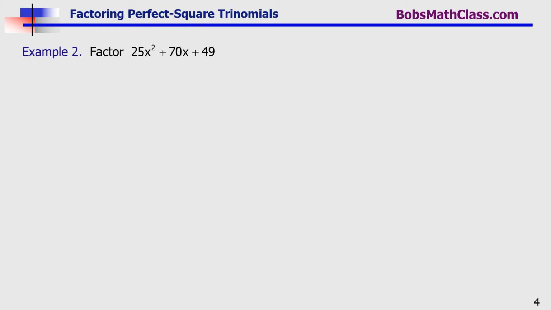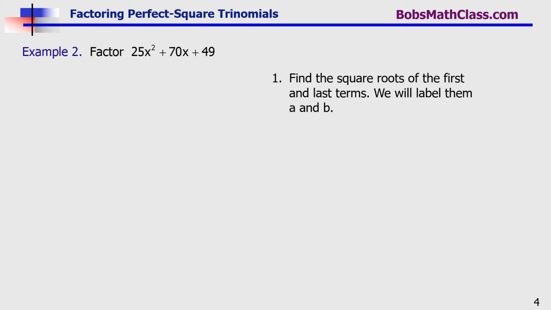Okay, here's our second example. 25x squared plus 70x plus 49. Are the first and last terms perfect squares? Yes, they are. So that's our first step. Find the square roots of the first and last terms.